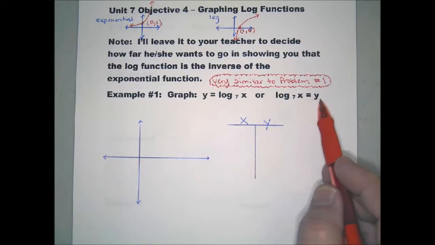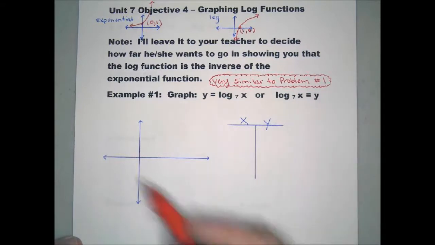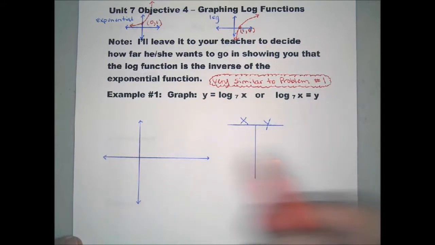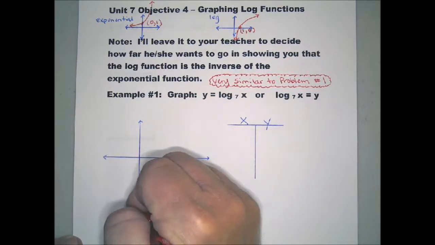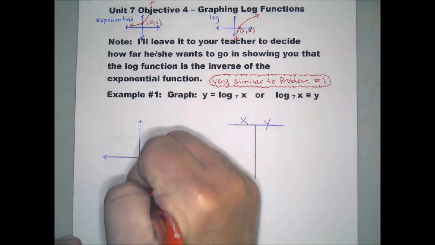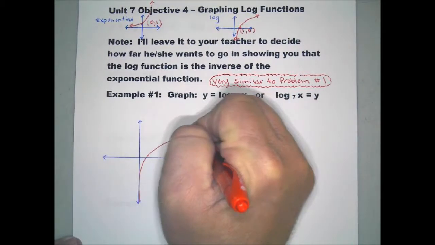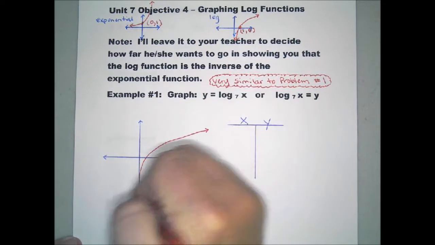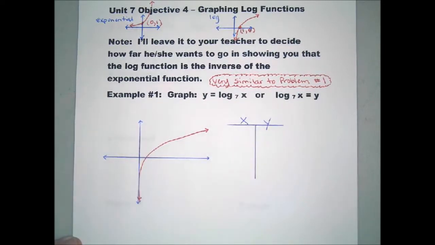Now, if you go on to Desmos, and you just type in this equation and look at what the graph becomes, you're going to see a graph that looks something like that. And the only point that they're going to show you is that very important point, 1, 0. But we're going to use a few other points.